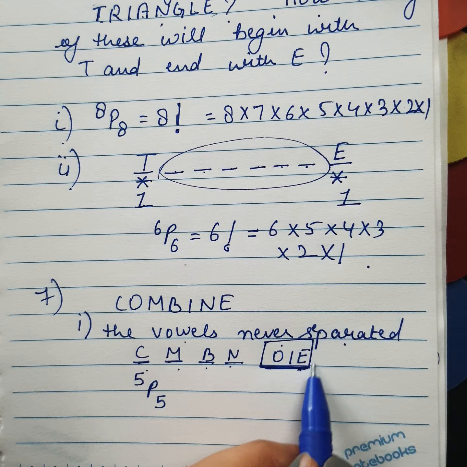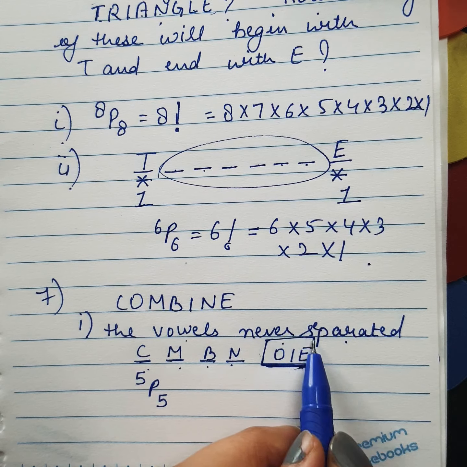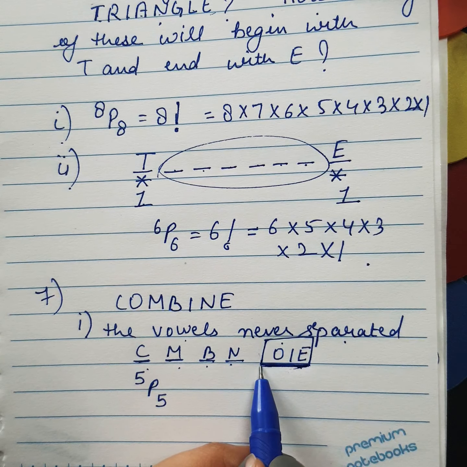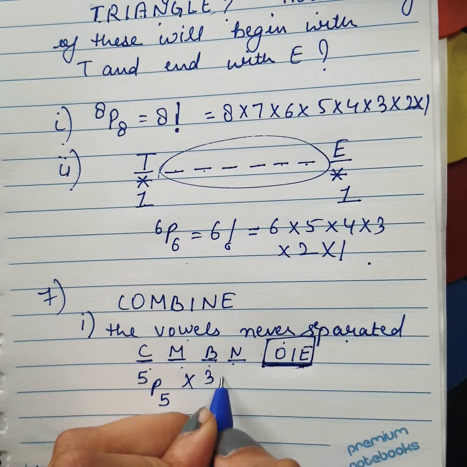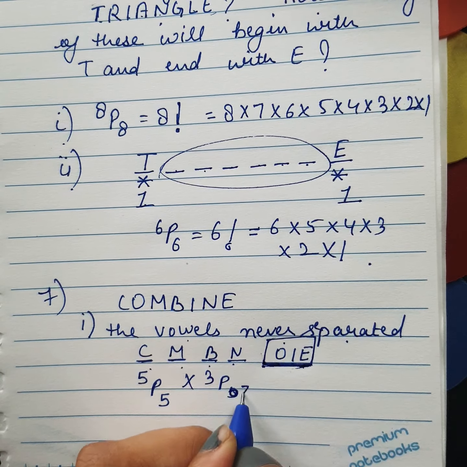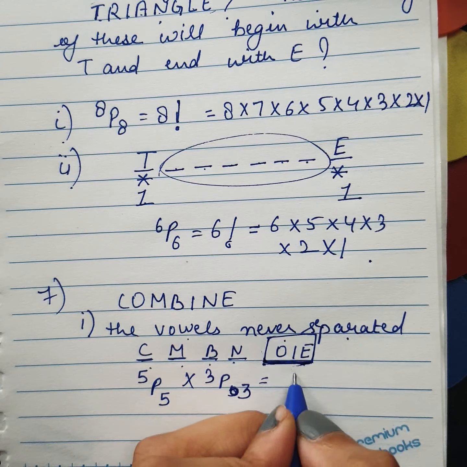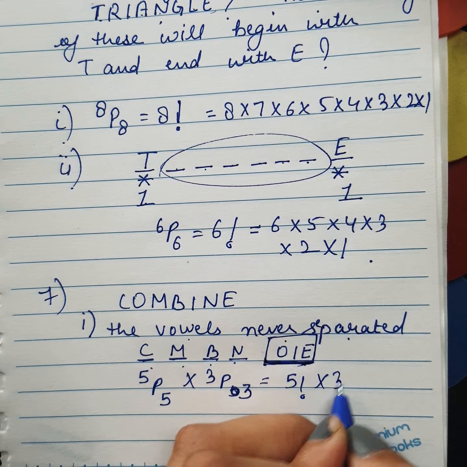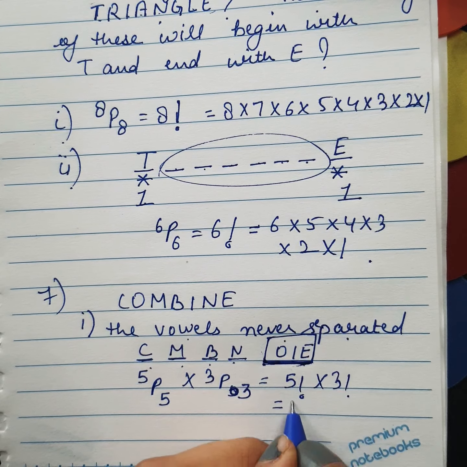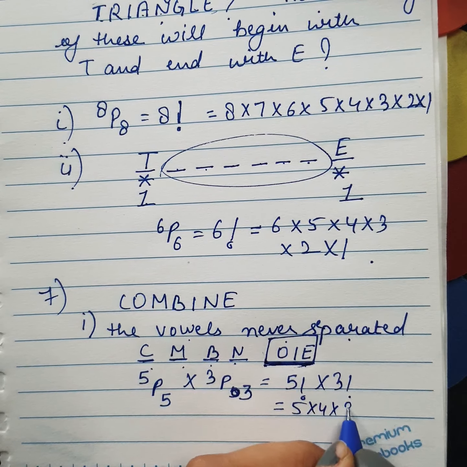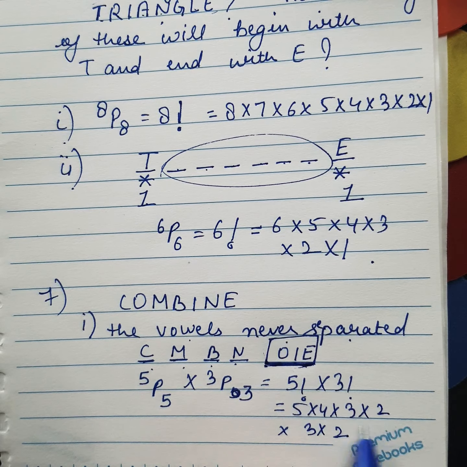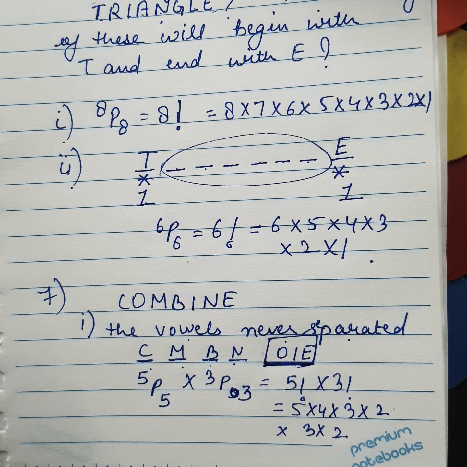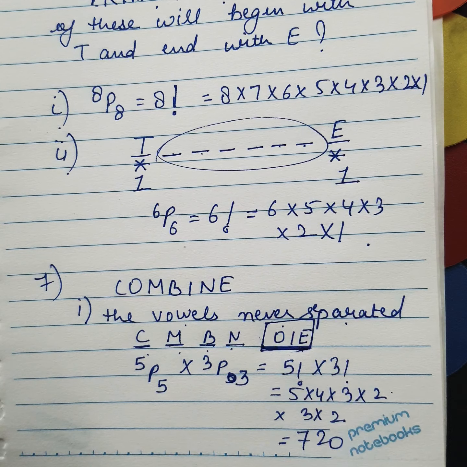Then this particular letter can itself be written in 3 factorial ways, that means 3 places are to be filled with 3 vowels. So this is 5 factorial into 3 factorial, 5 into 4 into 3 into 2 into 3 into 2. After multiplying, we will get 720.